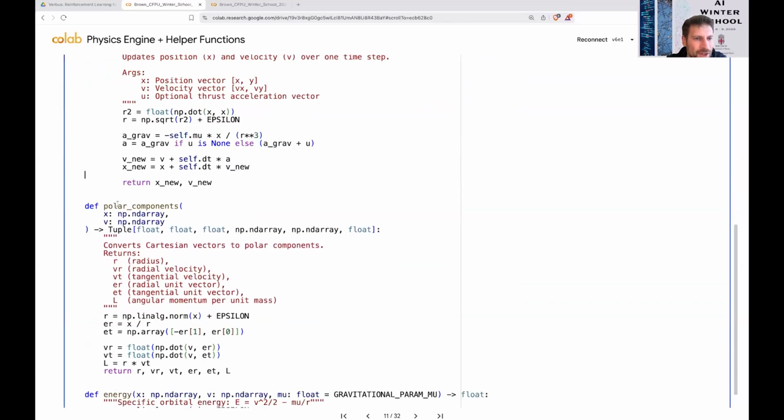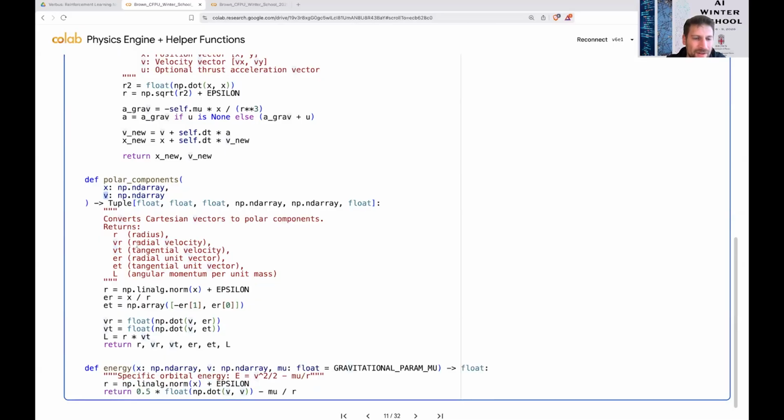This just converts to polar coordinates. So given an x and a v, it converts to the coordinates that we were talking about earlier: radius, radial velocity, and then angular momentum. And then we also have a function to calculate the energy, given the x and v's.